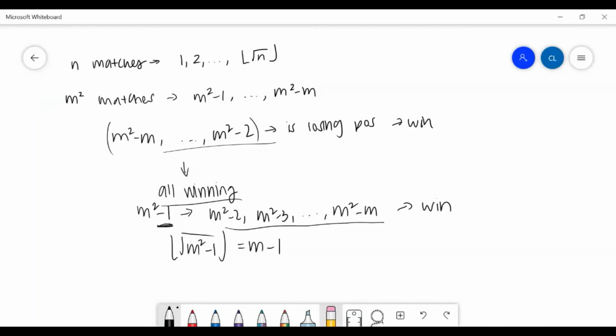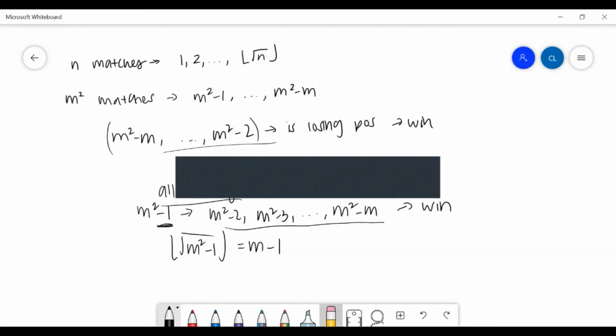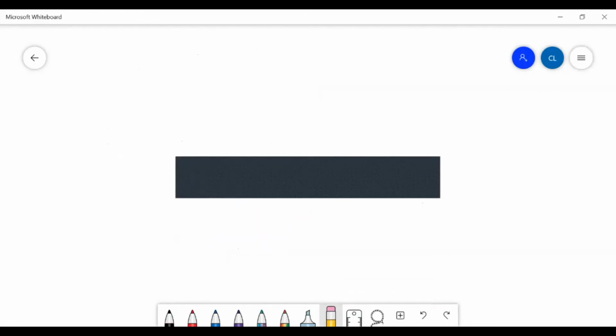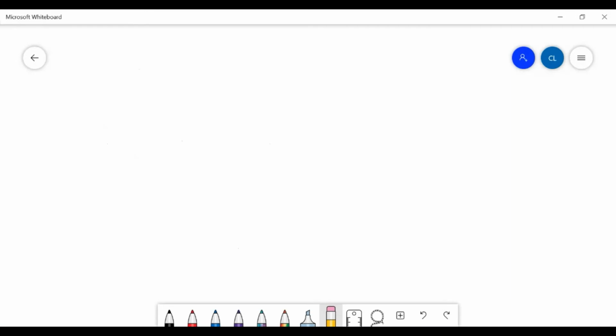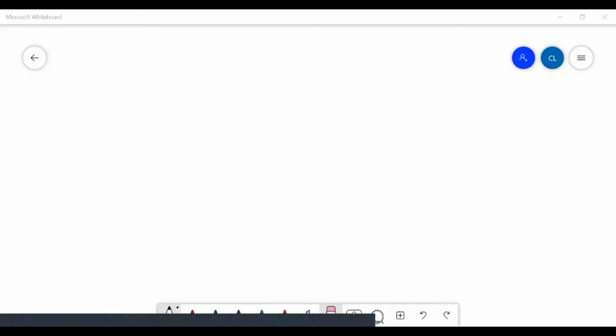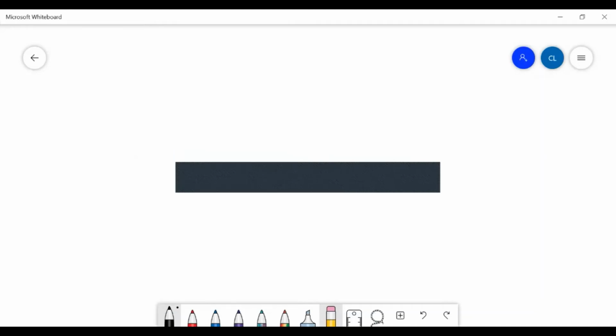Apparently, there are 3 minutes left. So I will, I guess, outline the last problem. It's not too bad. It's about the diagonals of a regular 2n-gon. So basically, it has an even number of sides.